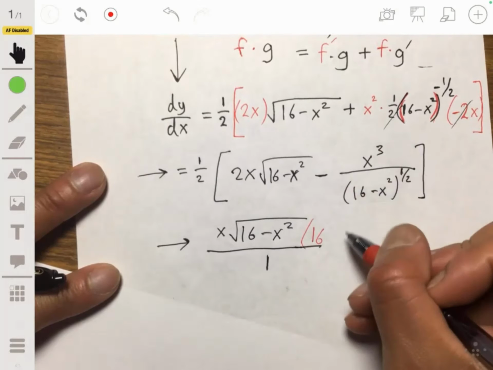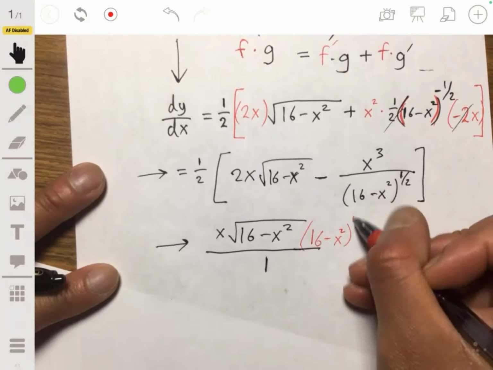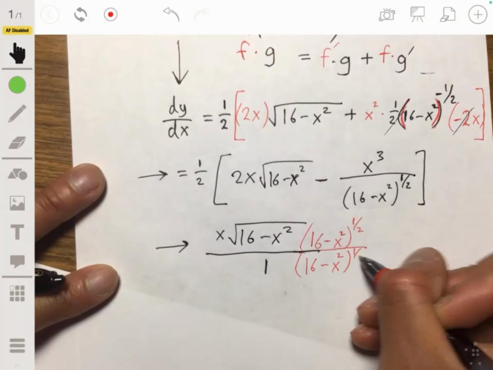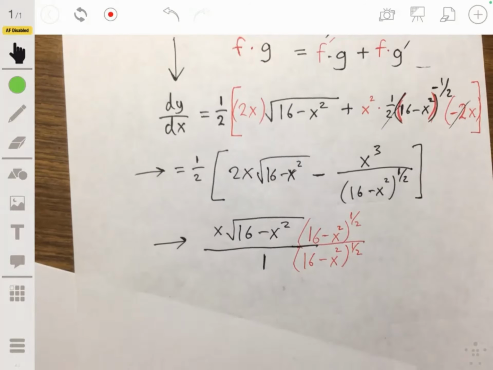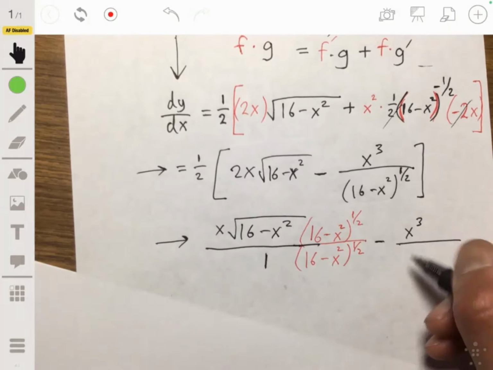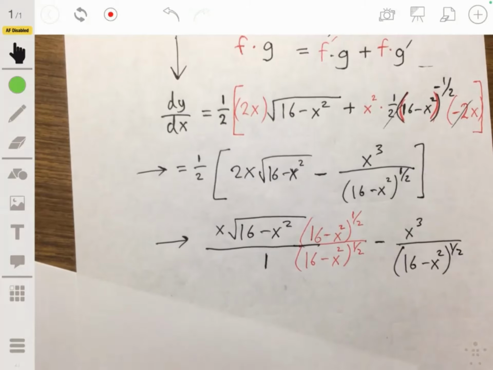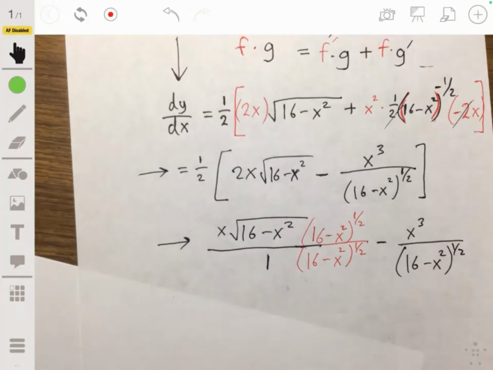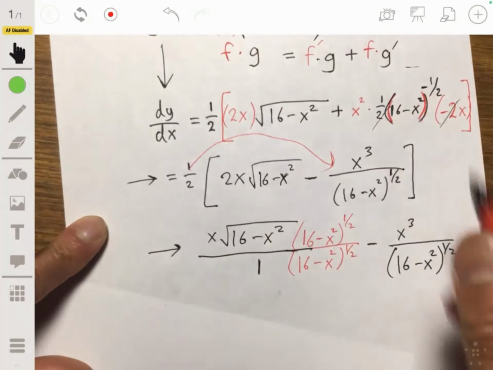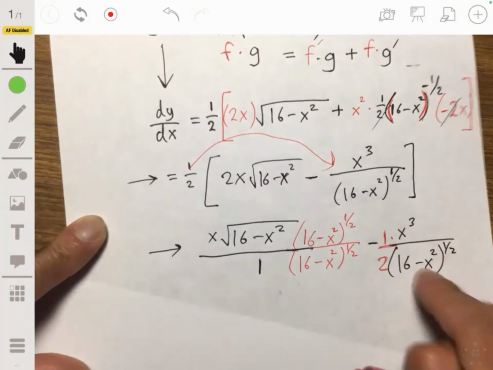We're going to have a common denominator of 16 minus x squared to the 1/2. 16 minus x squared, the 1/2 on top here, over 16 minus x squared, the 1/2 there, minus x cubed over 16 minus x squared to the 1/2. Oh, and this 1/2 gets distributed to this. It'll be 1 over 2 times that.